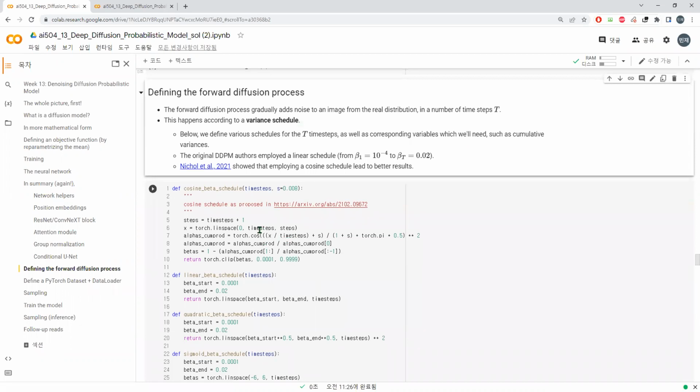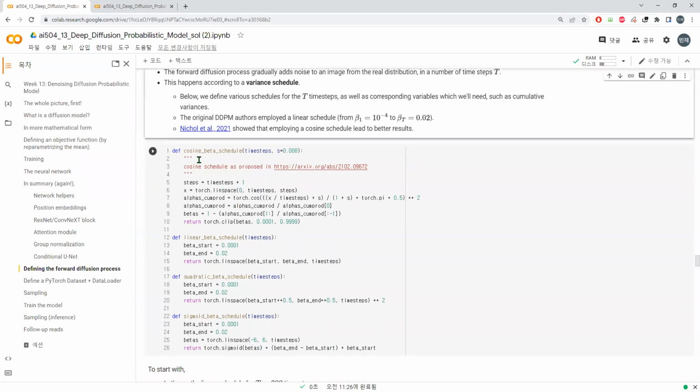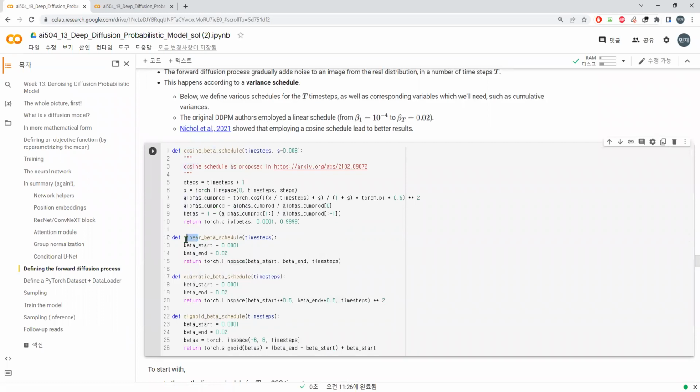We can use various forms of scheduling. For example, cosine scheduling, linear scheduling, quadratic scheduling, sigmoid scheduling. But the point is, the forward diffusion process, which adds noise to real data, consists of the shape and the value beta.